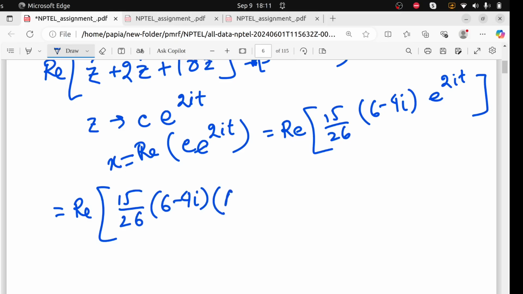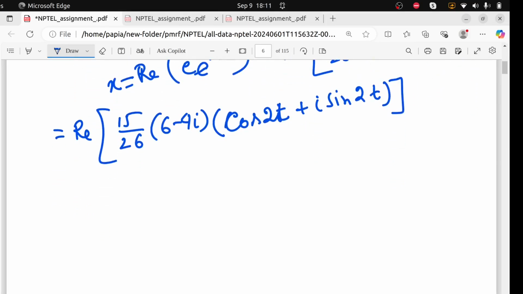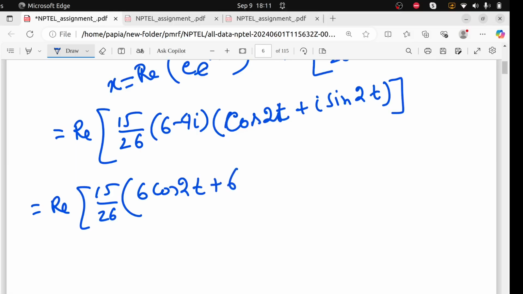So this will give me the real part of 15 by 26, 6 minus 4i, times cos 2t plus i sin 2t, right? If I multiply these, it becomes 15 by 26, 6 cos 2t plus 6i sin 2t minus 4i cos 2t plus 4 sin 2t.